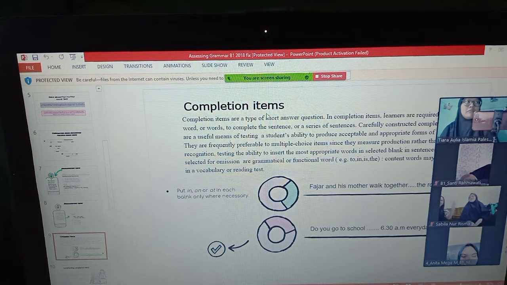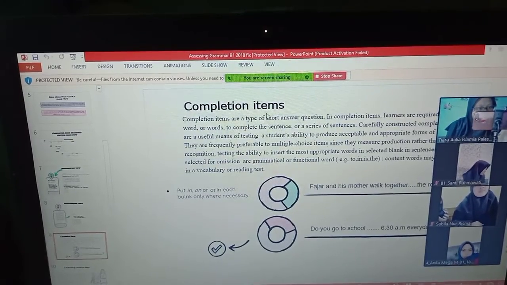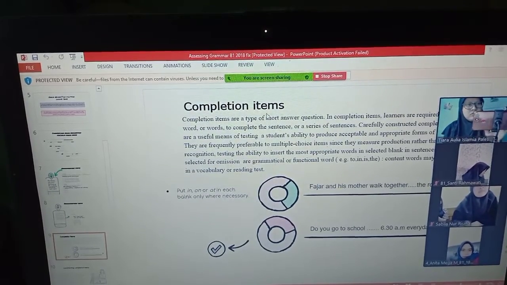Carefully constructed completion items are a useful means of testing a student's ability to produce an acceptable and appropriate form of language. They are frequently preferable to multiple choice items since they measure production rather than recognition, testing the ability to insert the most appropriate word in selected blanks in sentences.